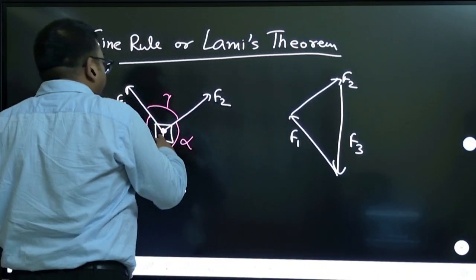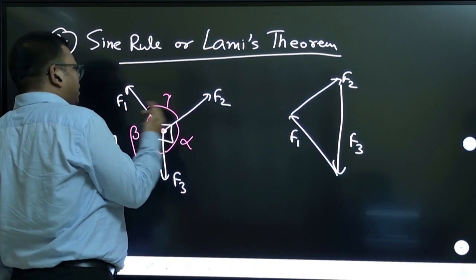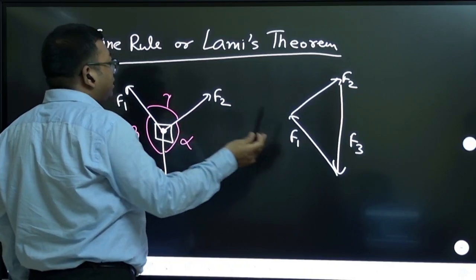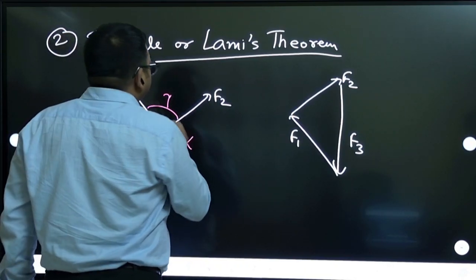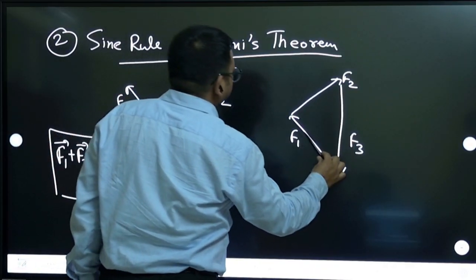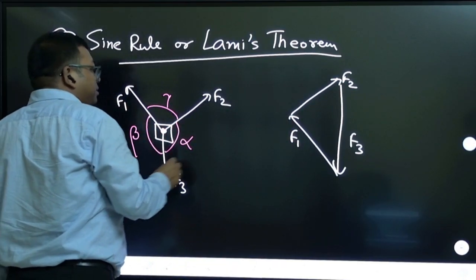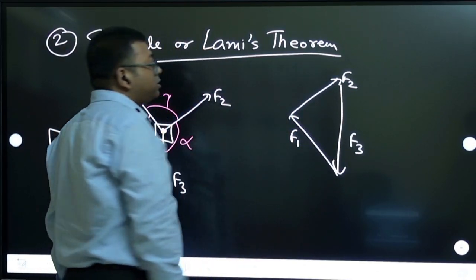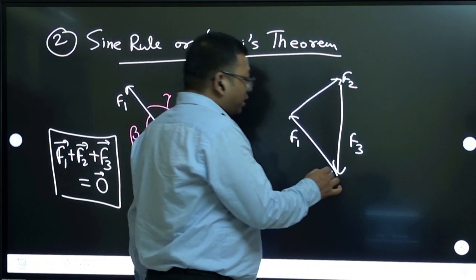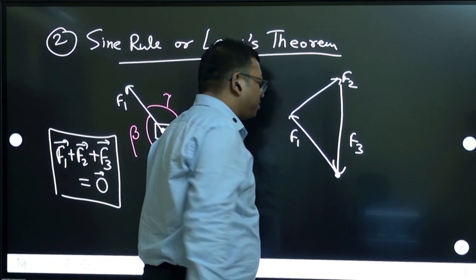Now this is the same diagram I have shown by translating. A vector can be slided parallel to itself, right? So this F1 I have slided here. This F2 I have slided here. This F3 I have slided here. So the sum of these three is 0, meaning it has started here and it will come back to the same point.